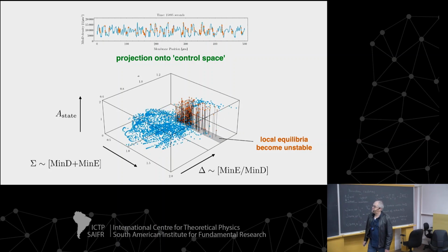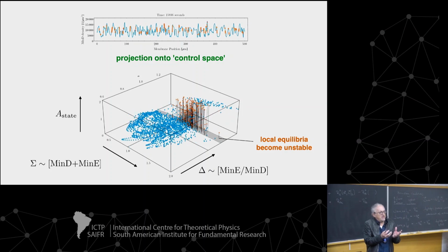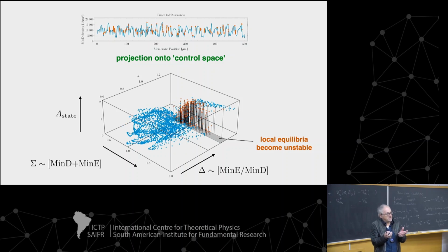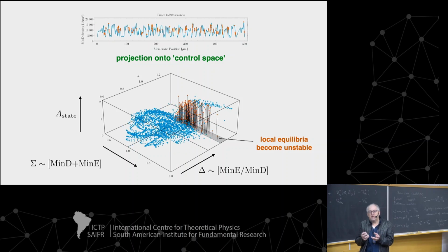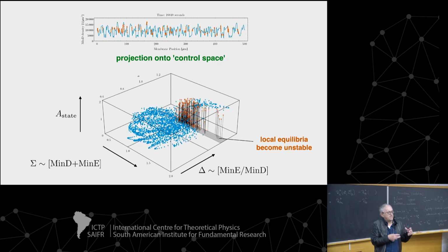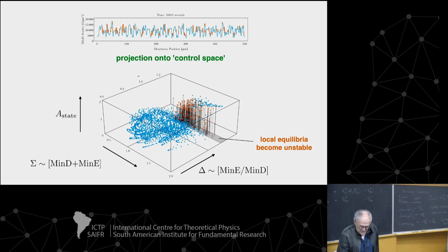Okay? That's what I would call one way of geometrically grasping what's going on in a spatially extended system, which is analogous to what we do in ODEs, where we try to characterize things by limit cycles or all kinds of chaotic attractors.